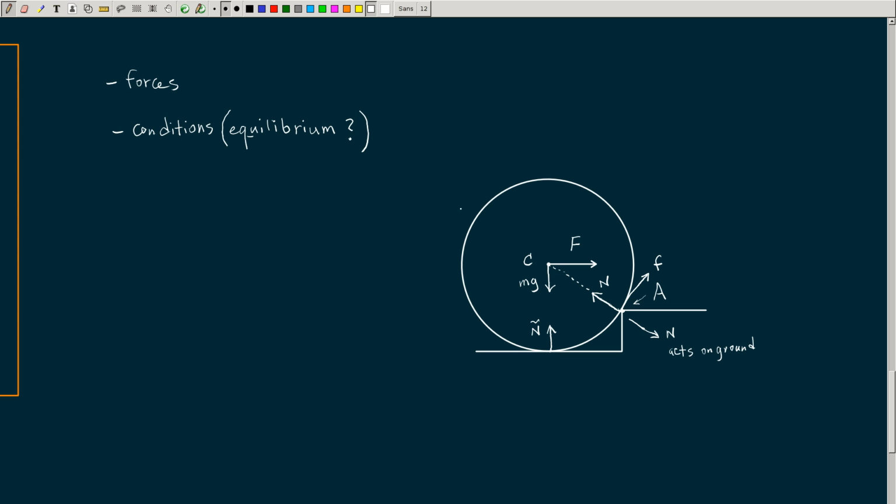The normal to the circle at any point is the line passing through the center of that circle. So we know that this N is aligned with the center. We know that the negative of that vector, the force of the ground acting on the wheel, is also aligned with the center of the circle. So the F should be 0.